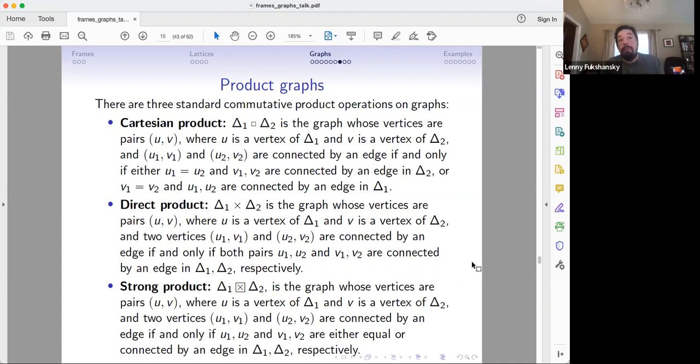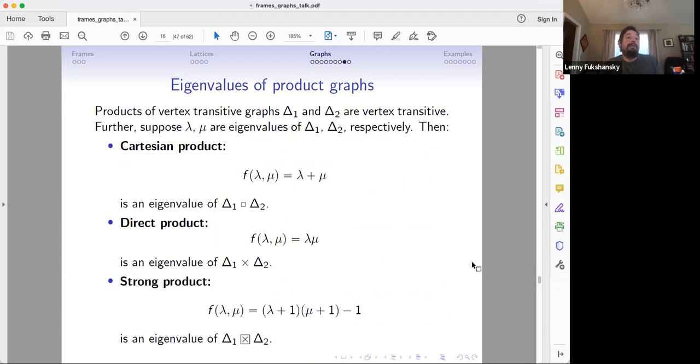Well, first of all, one can compute eigenvalues of the product graph from the original graphs. So there are these three standard formulas for eigenvalues. If lambda and mu are eigenvalues of delta 1 and delta 2 respectively, then for the Cartesian product, you get the corresponding eigenvalue lambda plus mu.